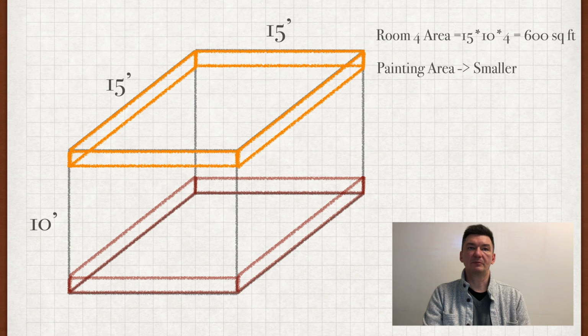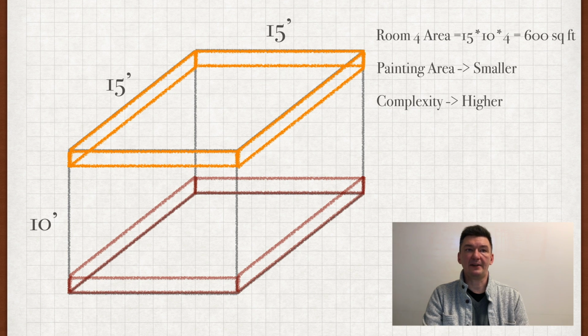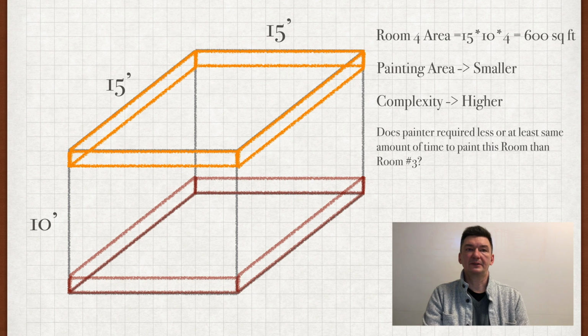The area that needs to be painted is smaller than room number 1 and even less than room number 3. It was reduced by the area of baseboards and the crown molding. The complexity is higher. Would it be correct to say that we need less time to paint this room than room number 1 or room number 3? No, it requires more time.